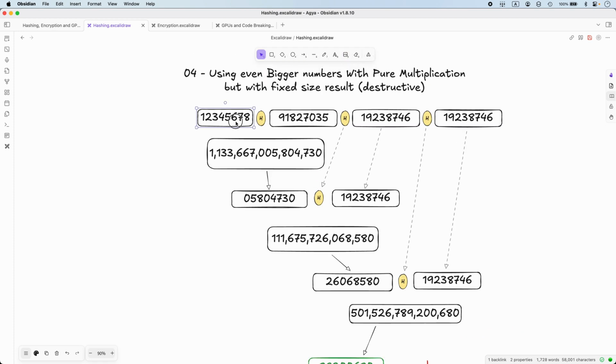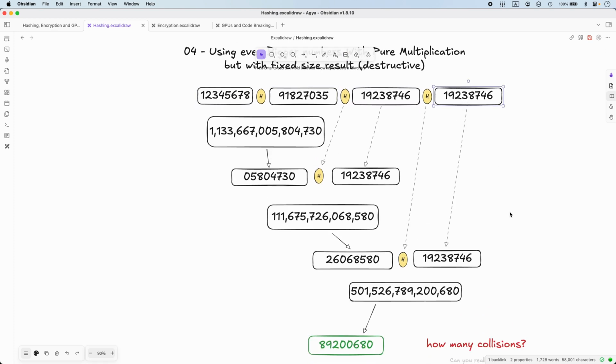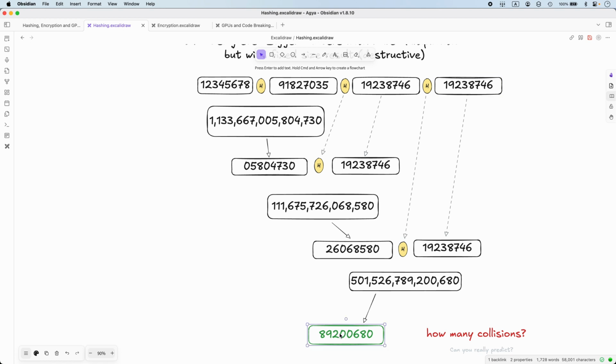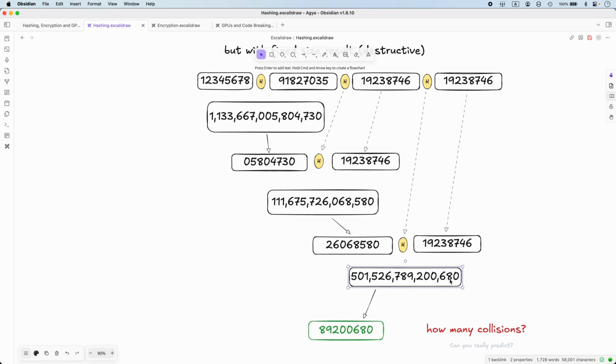Now, what were the actual numbers that will result in this? You can't really predict because you don't even know what this number was. And it is such a big number that if you want to try out everything here in this portion, so that you get two 8-digit numbers whose result ends with 89200680, you will get a hell of a lot of results.